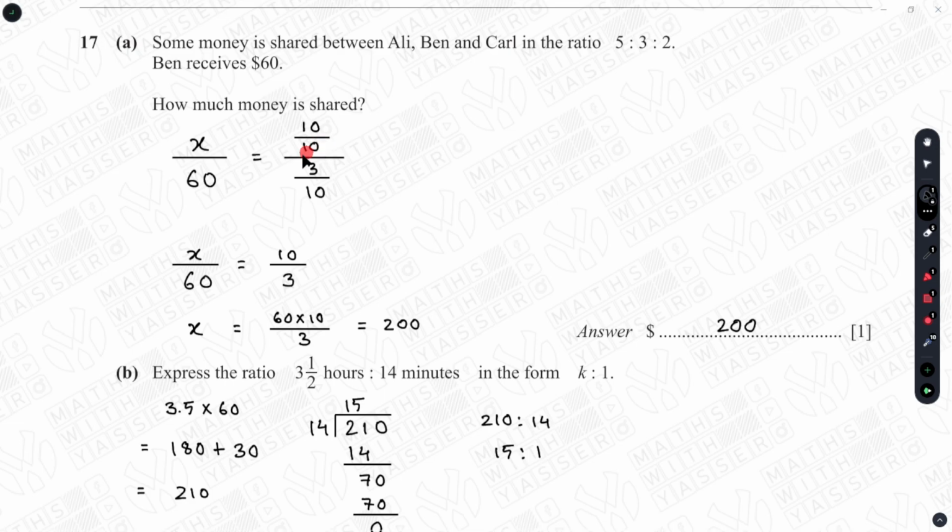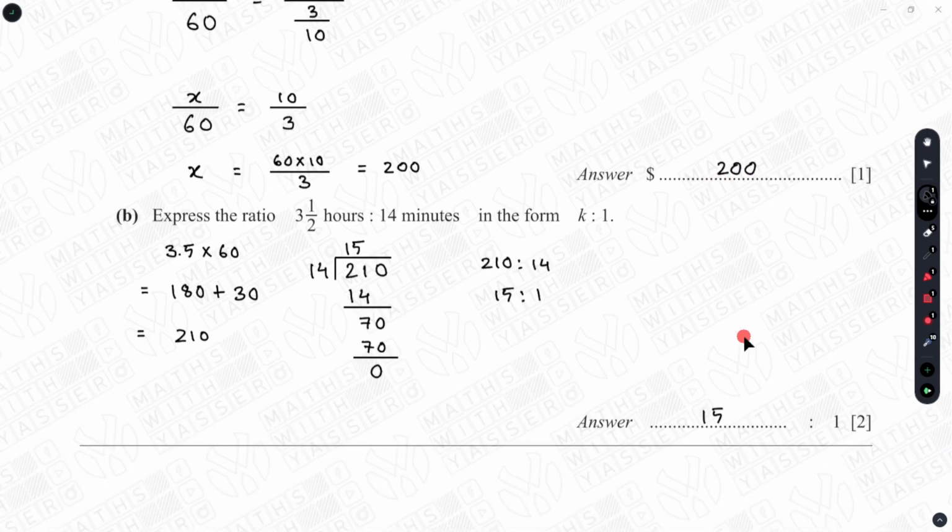Since the denominators of both of these fractions are the same, they will cancel out and we will just have 10/3. So x over 60 equals 10/3. Making x the subject will give us x equals 60 times 10/3, and 3 20s are 60, 20 times 10 is 200. So therefore, the total amount that was shared between them was $200.